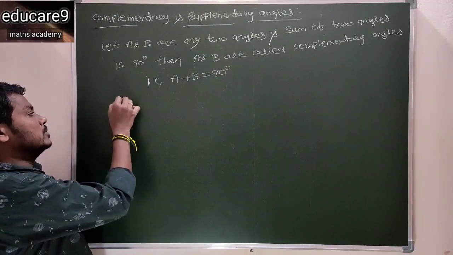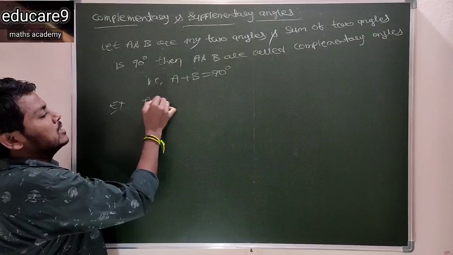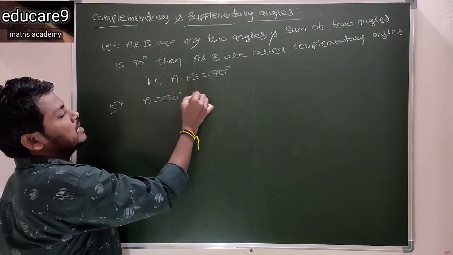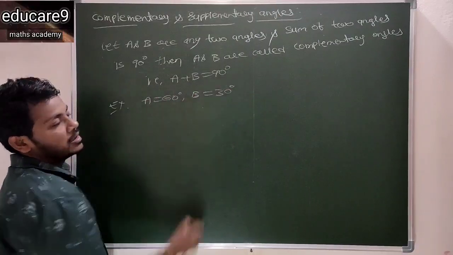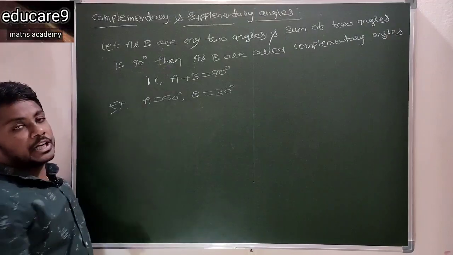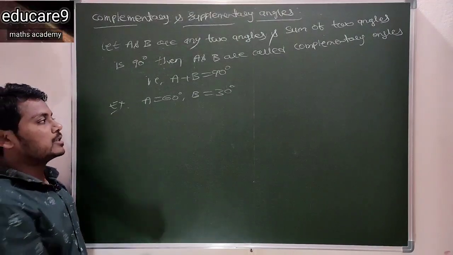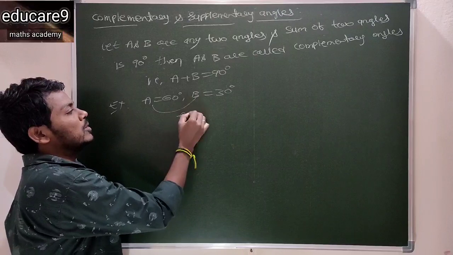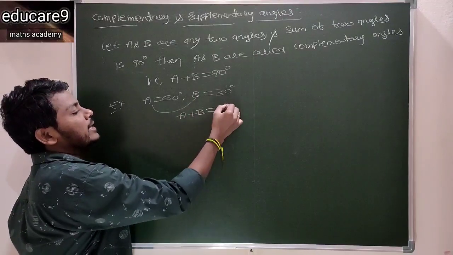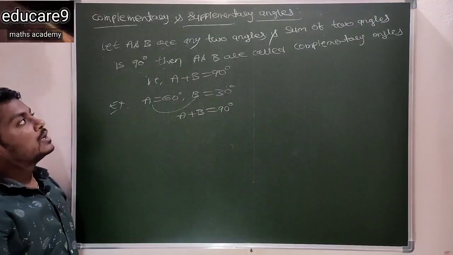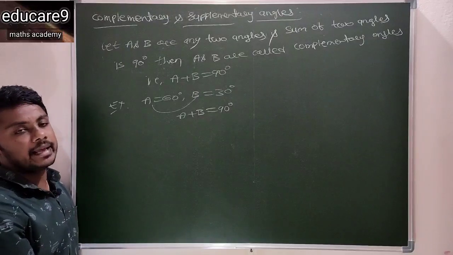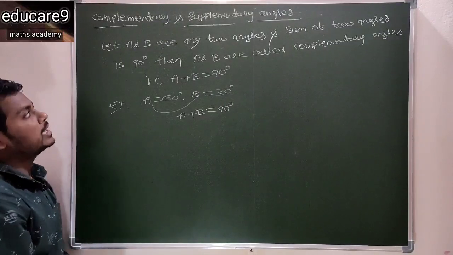See here, for example, A is equal to 60 and B is equal to 30. So clearly A and B are said to be complementary angles, because the sum of these two is 90 degrees. Okay.